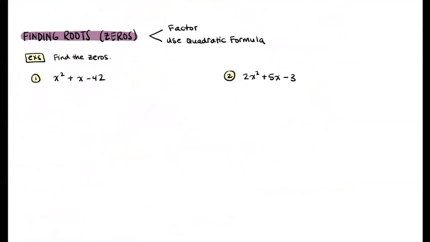One way to do this is by factoring. And this works on anything, not necessarily a quadratic. I mean, it does, but it works on anything at all. You can factor something and solve each of the factors by setting equal to 0.